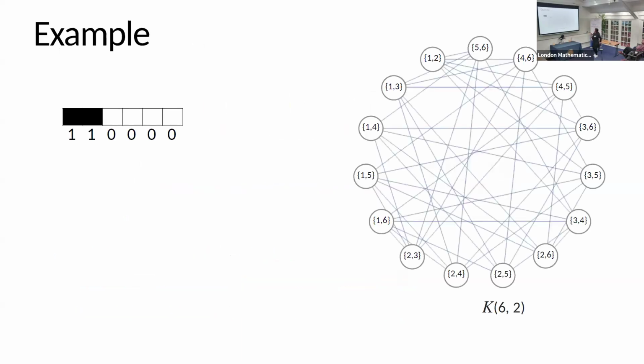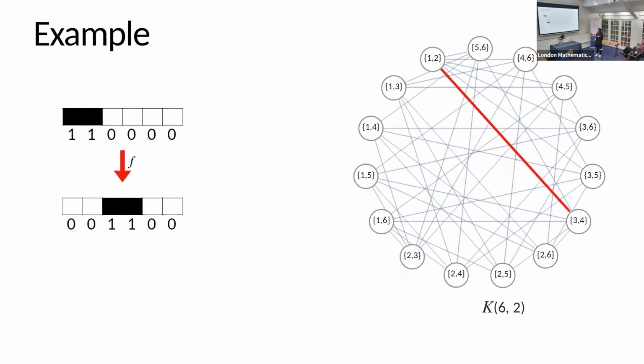Okay, so I have an example just to make things super clear. This is a Kneser graph when n equals 6 and k is 2. So the vertices are the two-element sets, and I have put an edge between two sets when they are disjoint. Let's start with the bit vector 1, 1, 0, 0, 0, 0, which means the set {1, 2} in the graph.